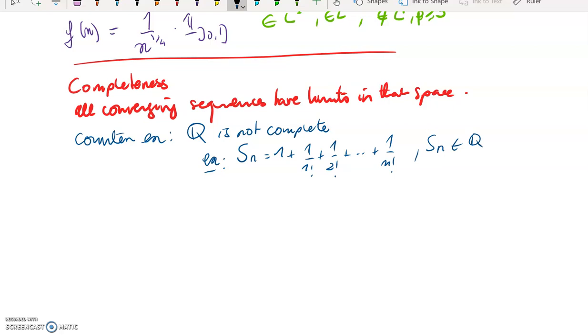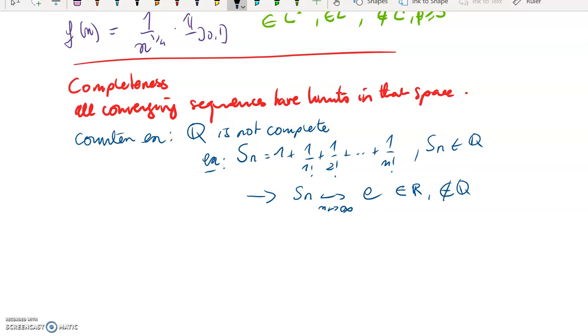But you all know that when n tends to infinity, that sequence has a limit value, the Euler number e, which belongs to R and not to Q. So that space is not complete, because we can find sequences that converge, but not to a point that belongs to that space.